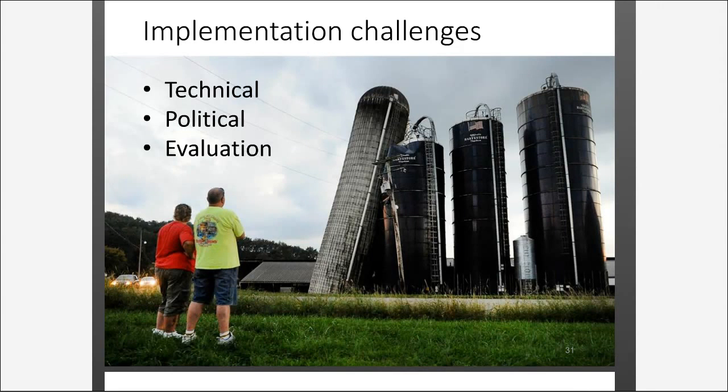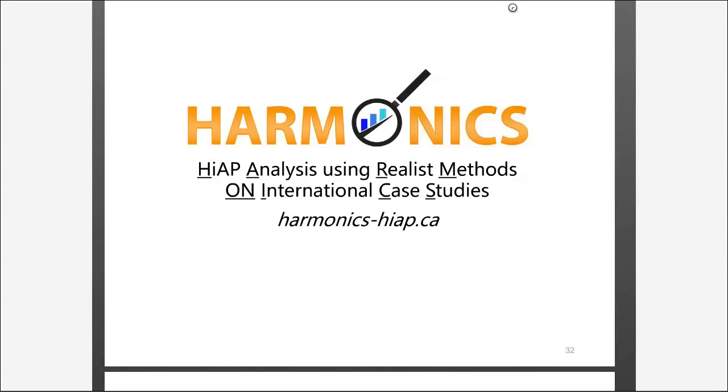And there are a number of challenges that go along with doing that that we've identified and that others have identified, and that people who have tried to do this have identified, so it's not just researchers. When we talk to people doing health in all policies, we learn a lot about the challenges. And I'm going to tell you briefly with the rest of my time about some of the technical, political, and evaluation challenges that seem to pretty naturally arise if you're going to try using health in all policies.